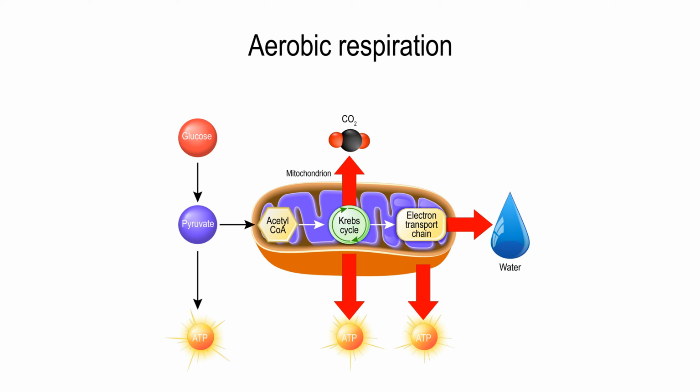We can take a look at this picture of glucose metabolism inside the cell. We see that once glucose is converted to pyruvate in the cytoplasm, the pyruvate can then enter the mitochondria. The mitochondria is the energy factory within the cell. Once the pyruvate is inside the mitochondria, it can undergo Krebs cycle. Energy is released from the Krebs cycle and carried by energy transport molecules to the mitochondrial membrane.